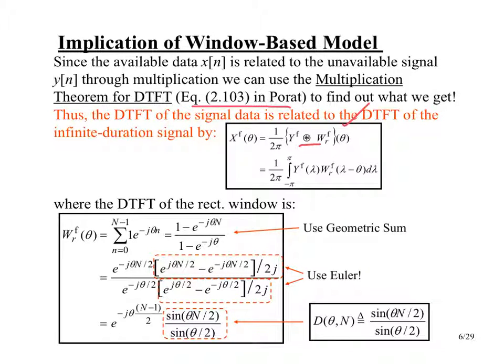So what we're saying is we're not putting an argument on the function. We're just saying take the entire DTFT of y, take the entire DTFT of the window function, convolve them, and then you evaluate that at the point theta.